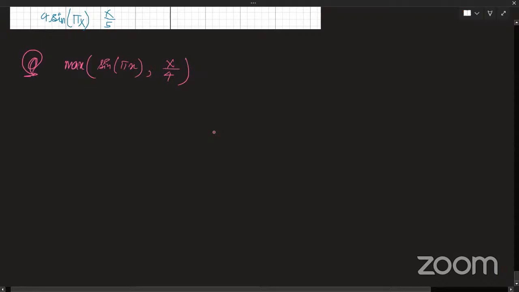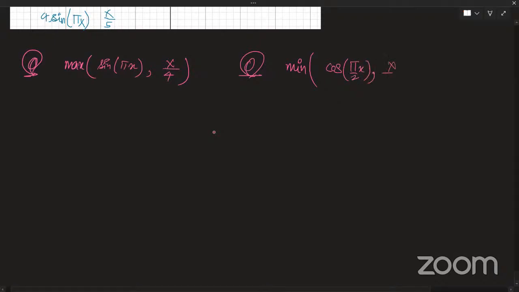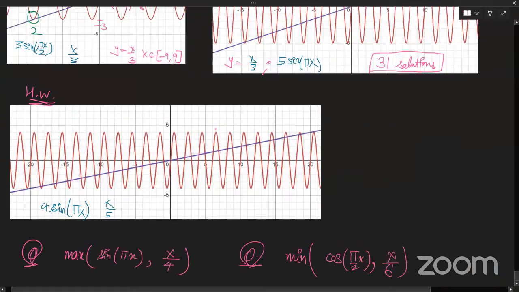Similarly, the minimum of cos of pi x, pi by 2x, and x by 6. I hope you will be able to do it. Fine. बस दो ही हैं बस.